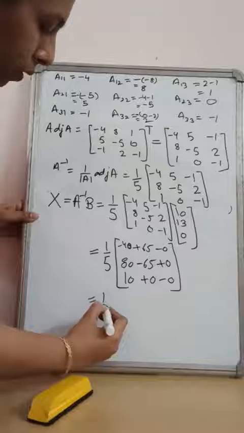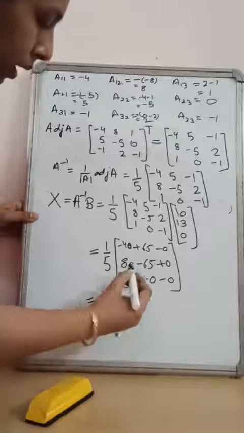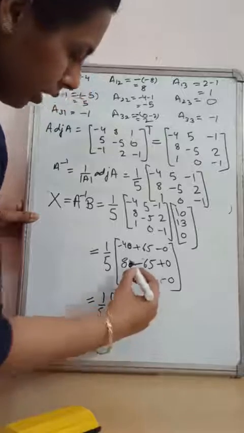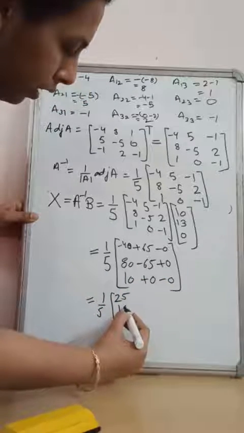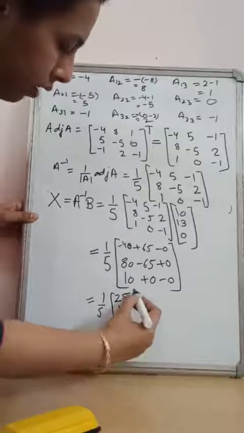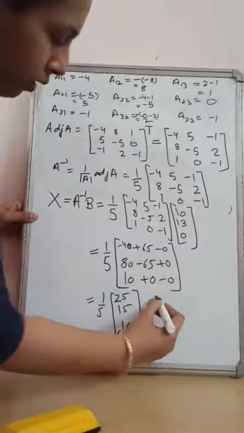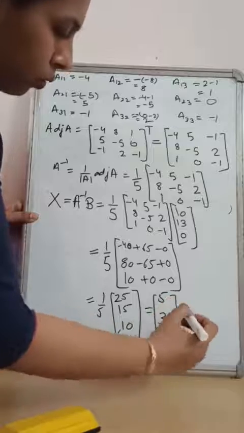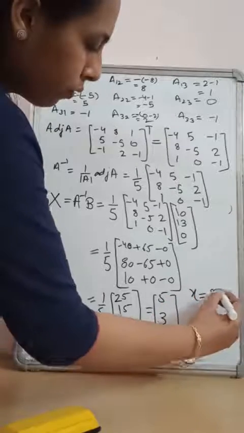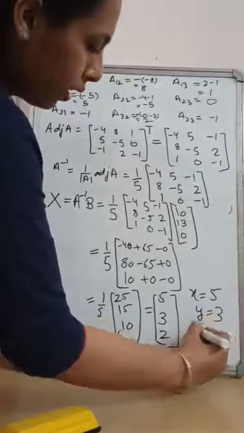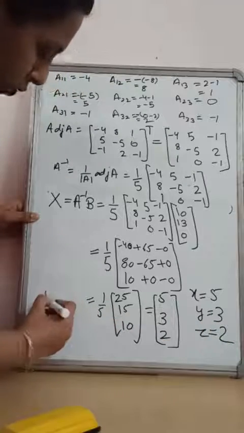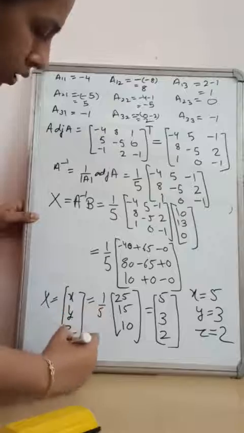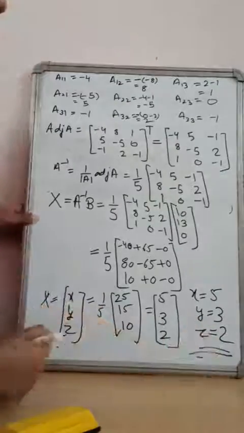So it is 1 upon 5, and here I am getting 25, 15, and this is 10. Now you divide by 5, it is equal to 5, 3, 2. So your values are x is equal to 5, y is equal to 3, z is equal to 2. This was your X, which was equal to x, y, z. So this is how you will find your solution.